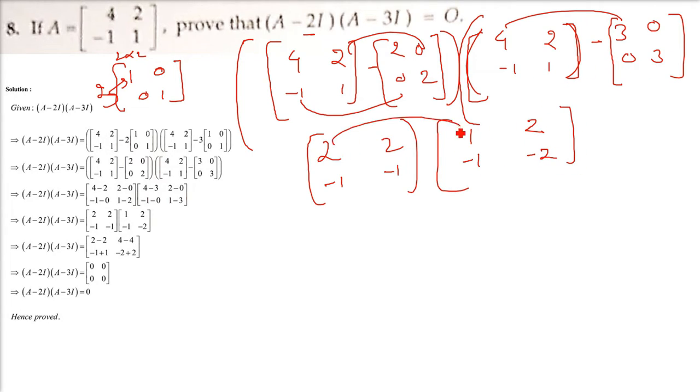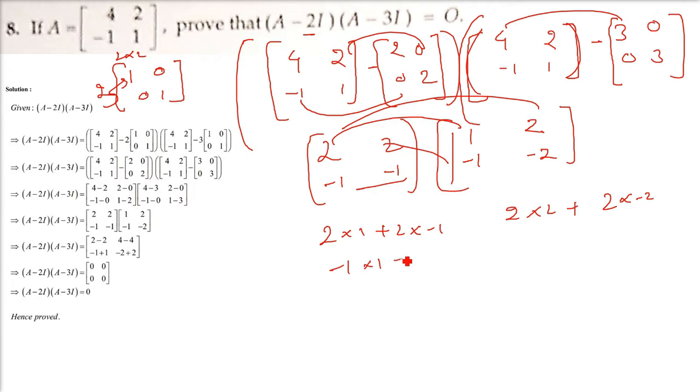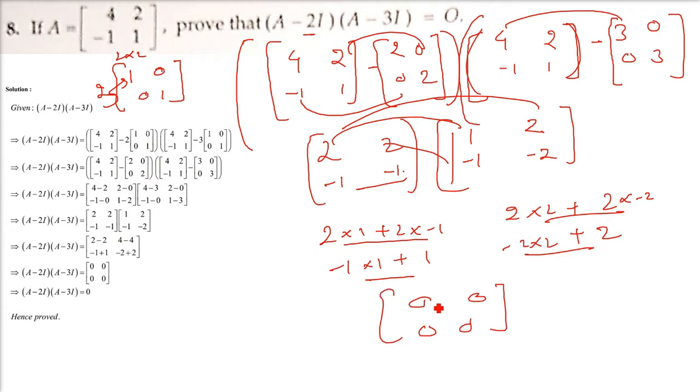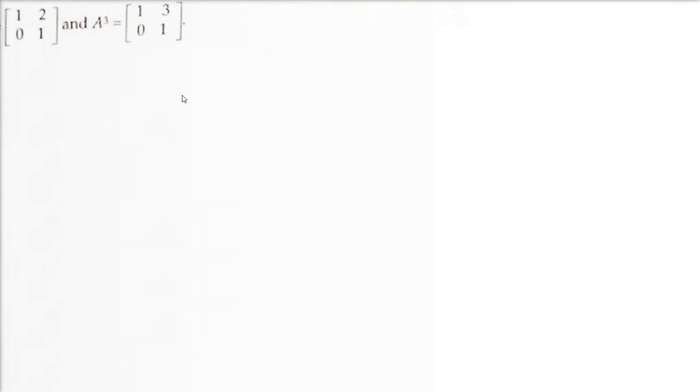So multiply: 2 into 2, 2 into -1, 2 into 2, 2 into -2, then -1 into 1, and -1 into -1 is plus 1, -1 into 2, -2 into 2, and 2 into 1. So you get 0 0 0. Everything is 0, that is what we wanted. This is the null matrix.